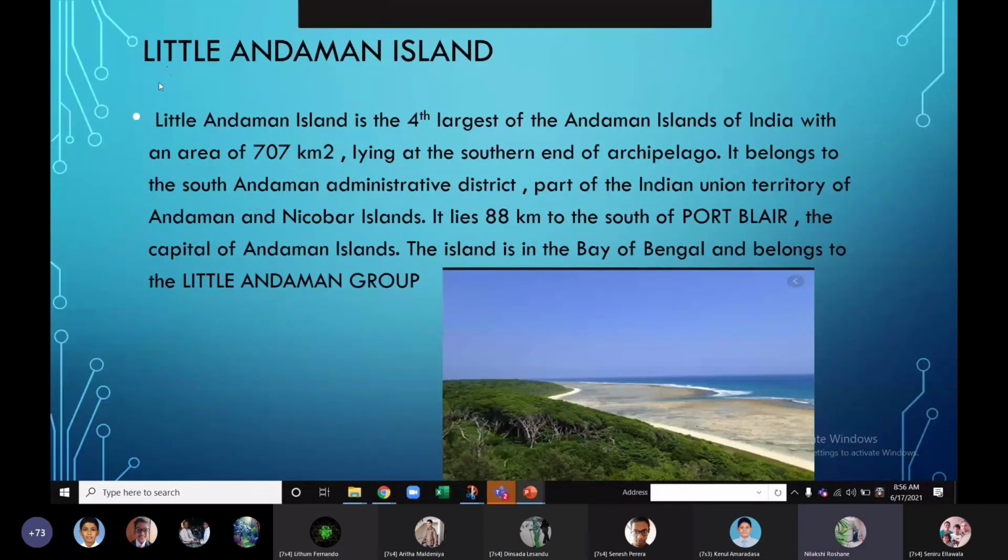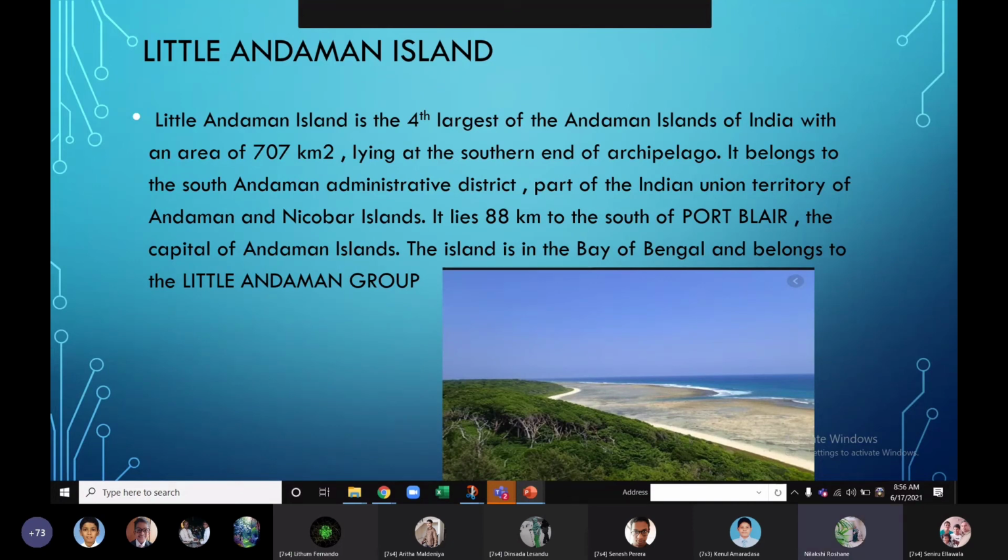Now I'm going to talk about Little Andaman Island. Little Andaman Island is the fourth largest of the Andaman Islands of India, with an area of 707 square kilometers, lying at the southern end of the archipelago.